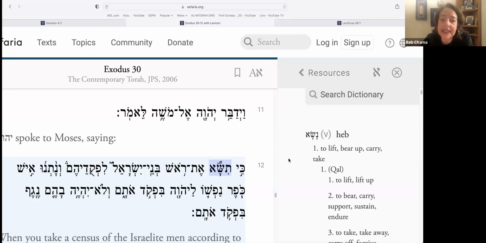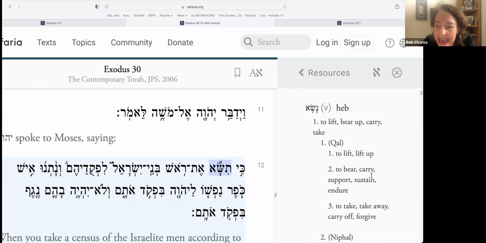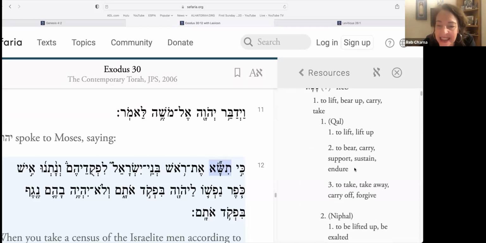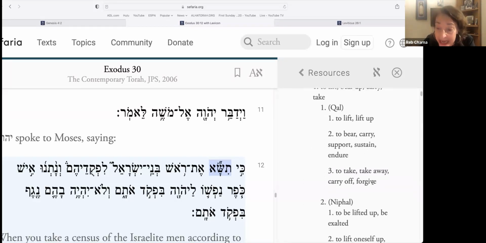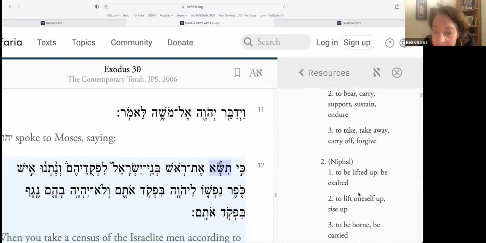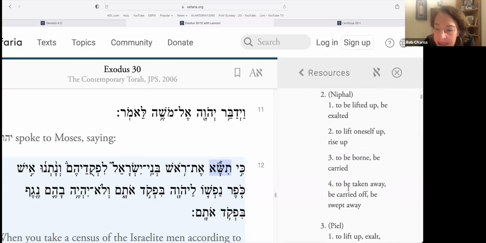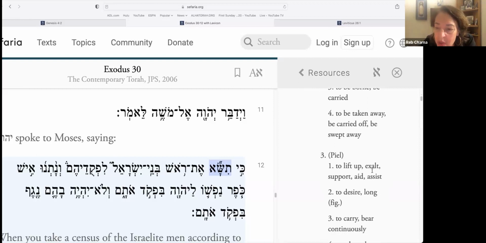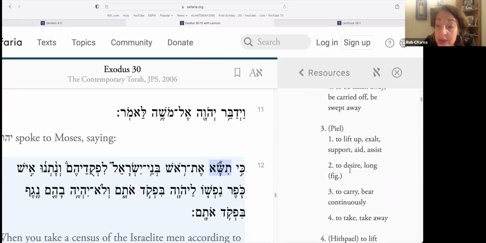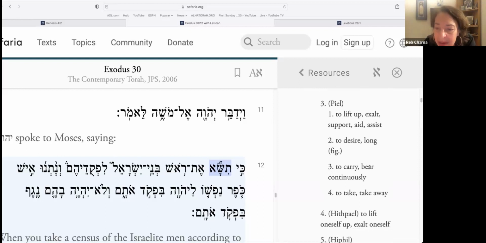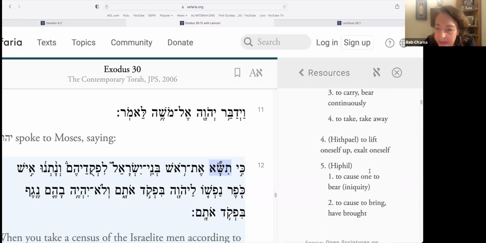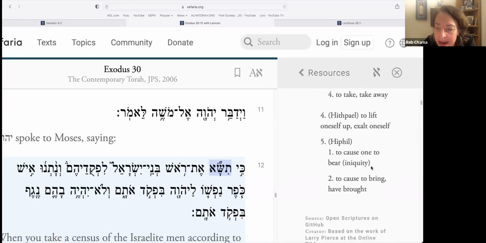But the one thing we're going to say is that it means to lift, to bear up, to carry, to take. To bury, carry, support, sustain, endure. To forgive, to be exalted, to lift up, to be carried, to be taken away, to exalt, assist, to desire, to carry, bear continuously, to cause one to bear, to cause to bring.